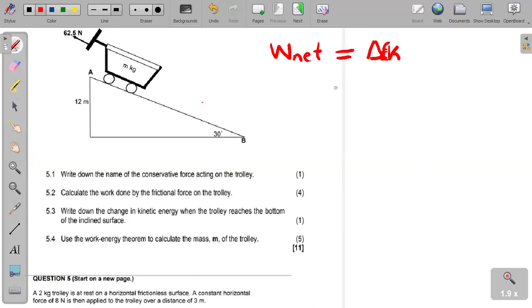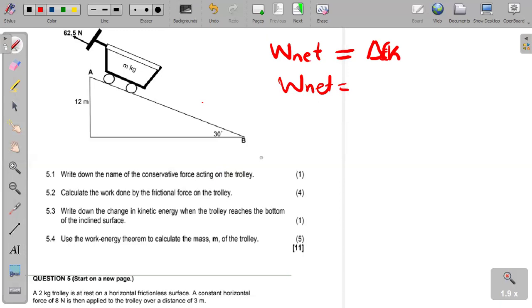So in performing calculations using it, it means that the individual work done by all the individual forces that are acting is what is giving us W net. So let's try to identify that first. W net, therefore, is going to be given by what?